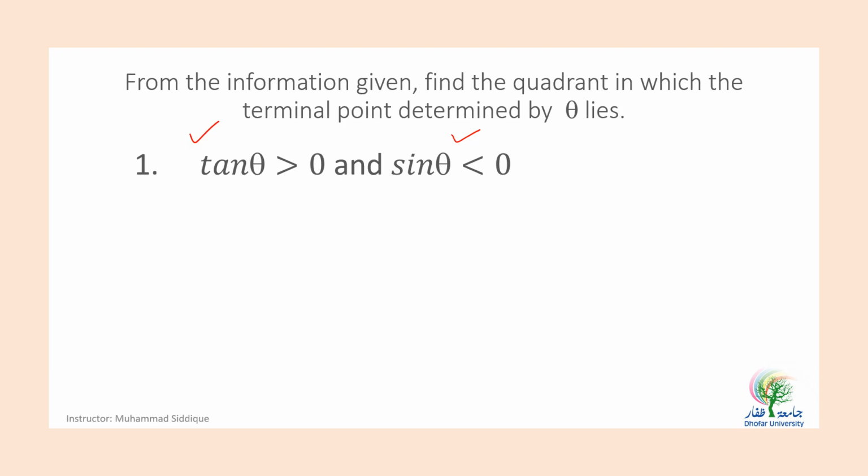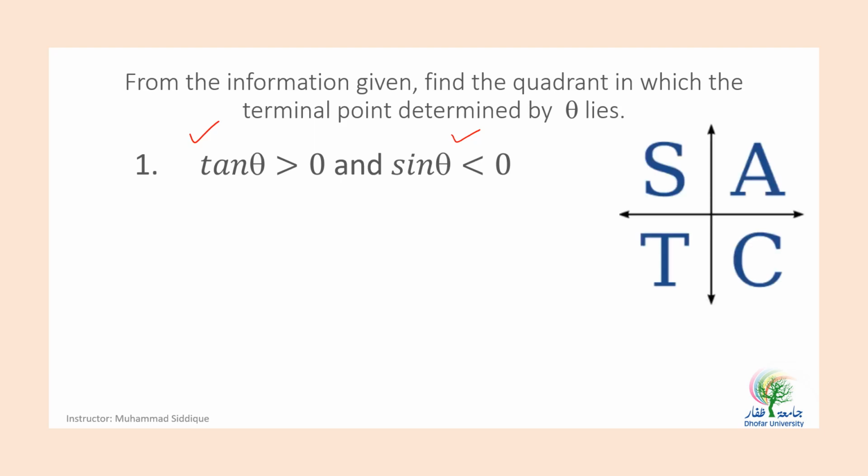Tangent plus and sine minus. We know this rule, so which quadrant? Yes, quadrant 3. Tangent is plus and sine is minus here, so the answer is quadrant 3.